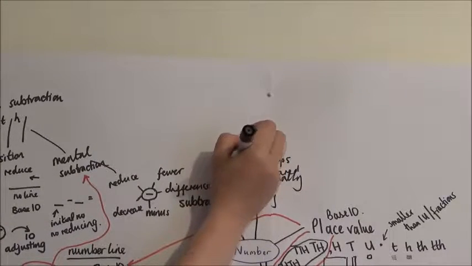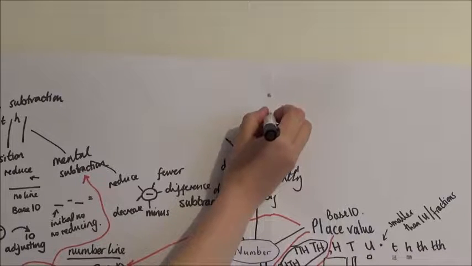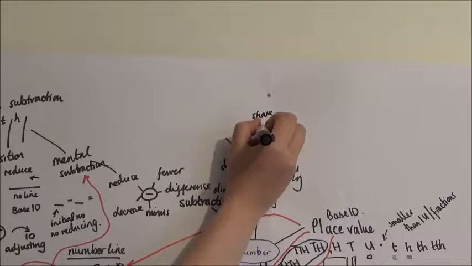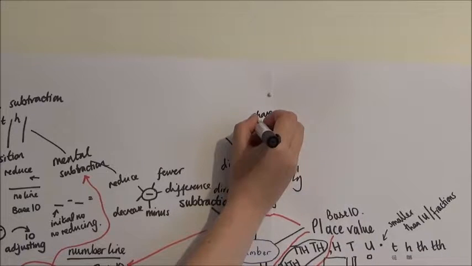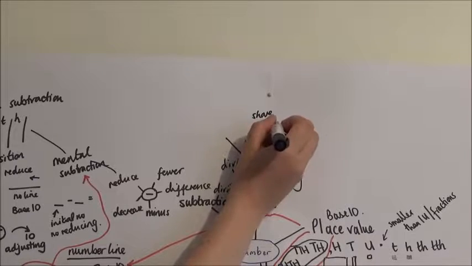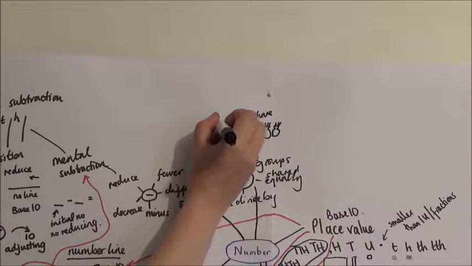So we knew that there's 2 ways of doing it. We could share it. We gave the example of the flowers in the vases, so we could share them equally between 3 vases, or we could group them.